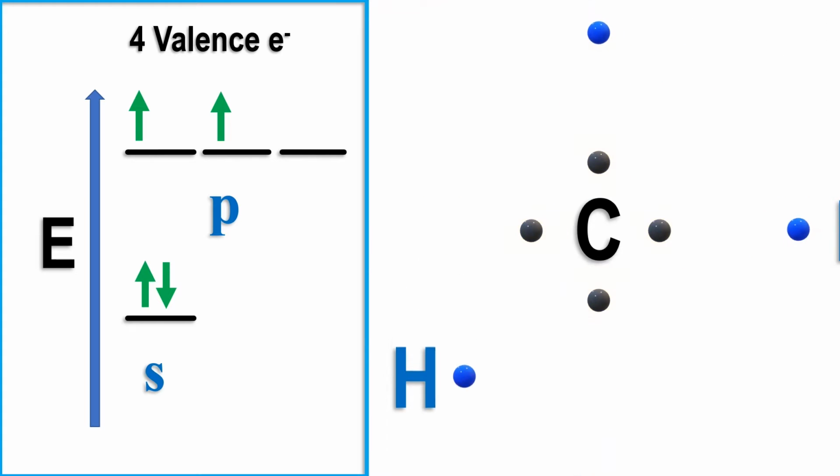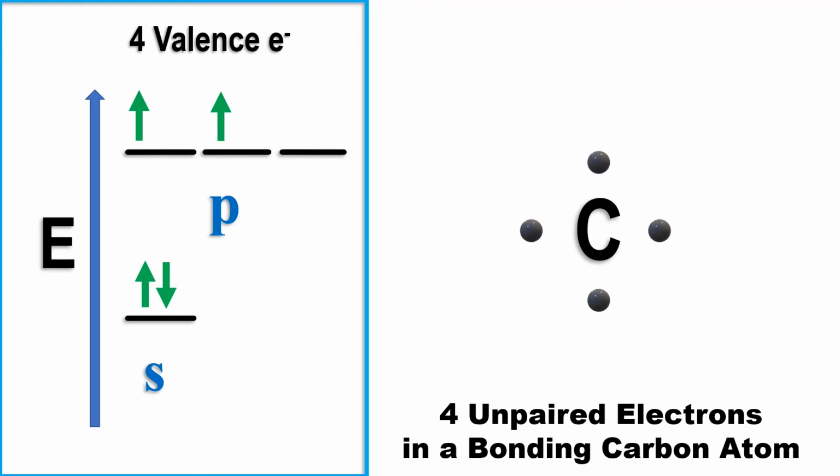But look at carbon a little closer. In order for these 4 single bonds to exist, there must be 4 unpaired valence electrons for carbon. Each unpaired electron can then bond to 4 hydrogen atoms.